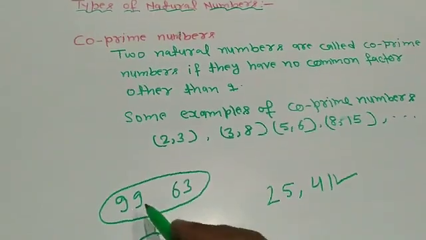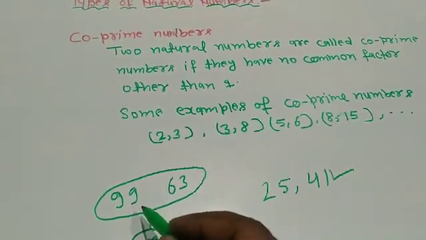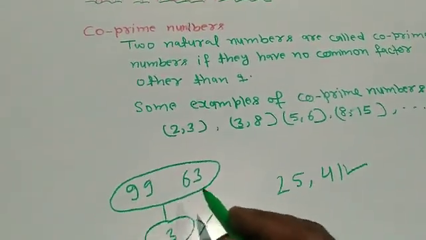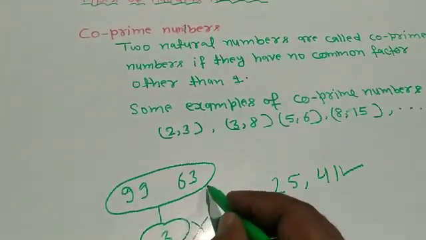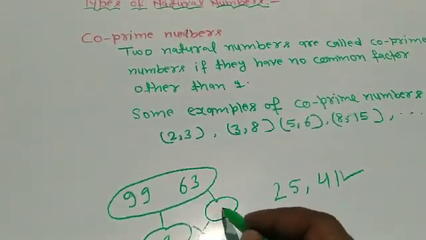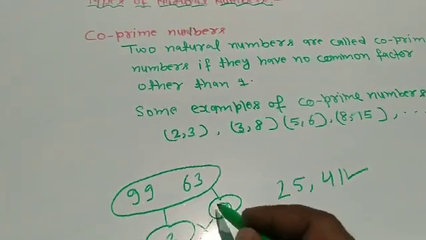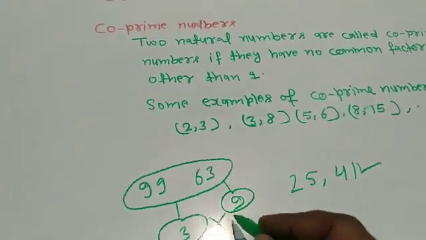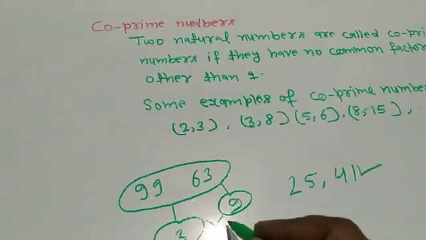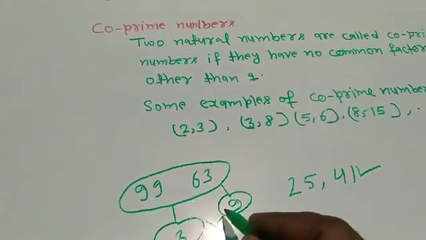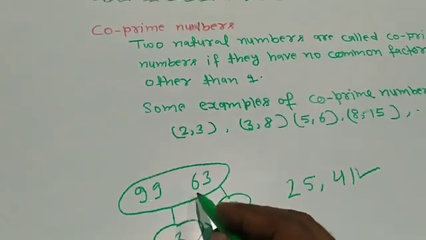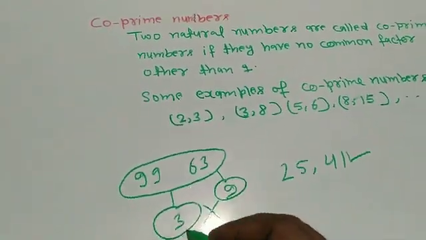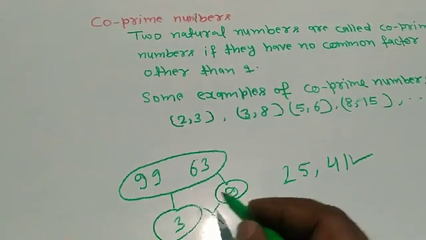But here you can see the common factors are 3 and 9 also. So this is not a co-prime pair because it has common factors 3 and 9.